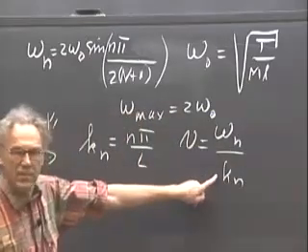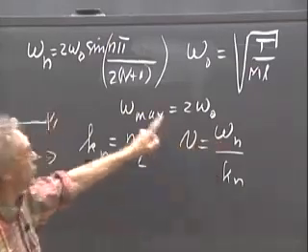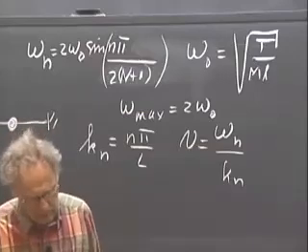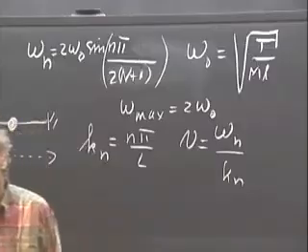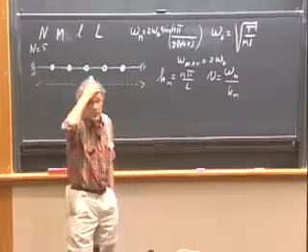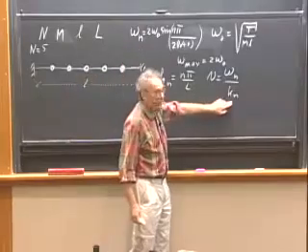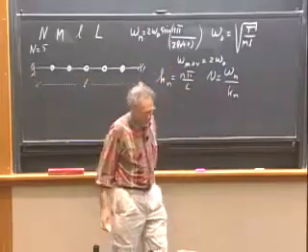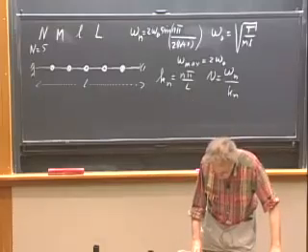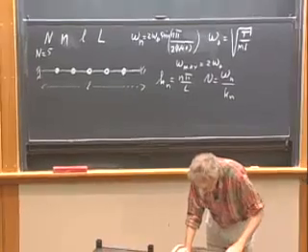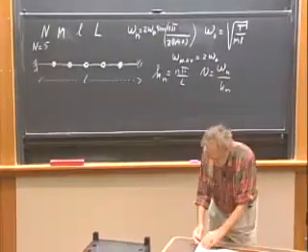And since k of n goes up linearly with n, but omega n does not go up linearly with n, it is clear that the speed of propagation is lower for higher frequencies. When you go to higher values of n, k goes linearly up, but omega n goes slower. And so you see here an example of dispersion, namely that the speed of propagation is lower for higher frequencies than for lower frequencies. And therefore, it also depends on wavelength.